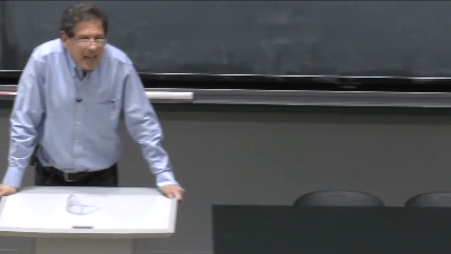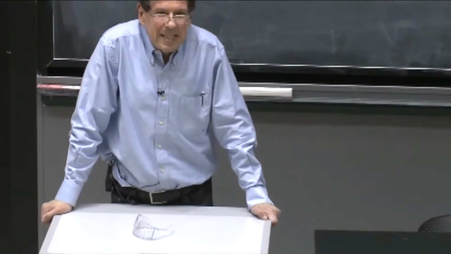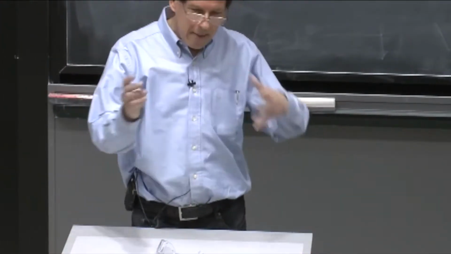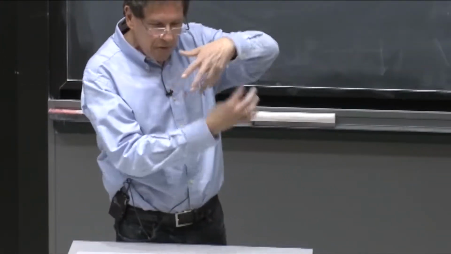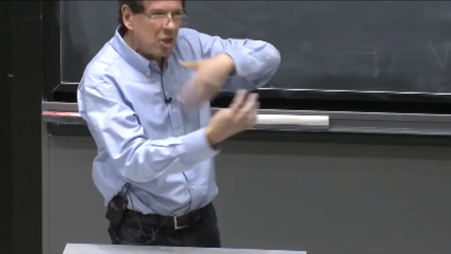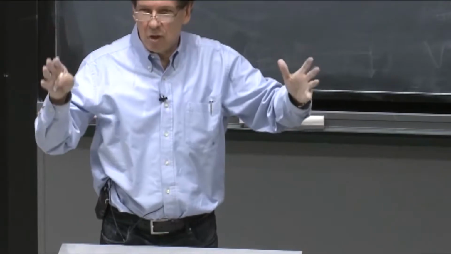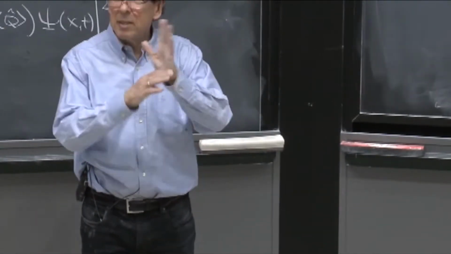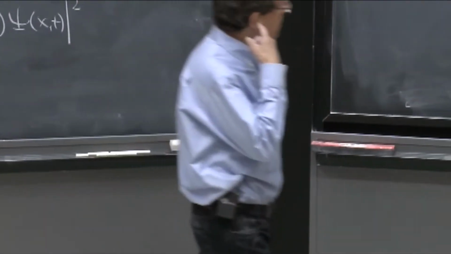See, the word stationary is not the same as static. Stationary is something that maybe is kind of moving, but things don't change. Static is something that is just not moving. Stationary states have time dependence, but it's very simple, as we will see.